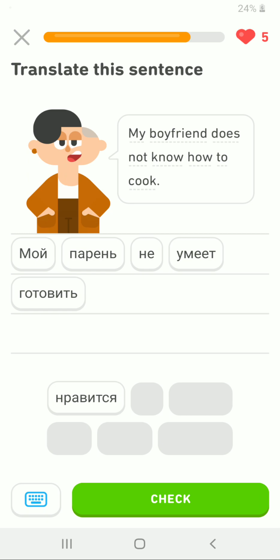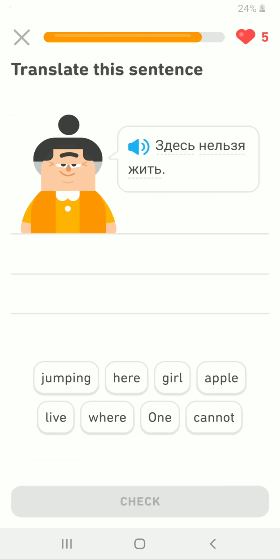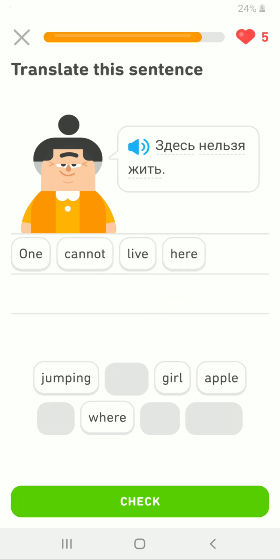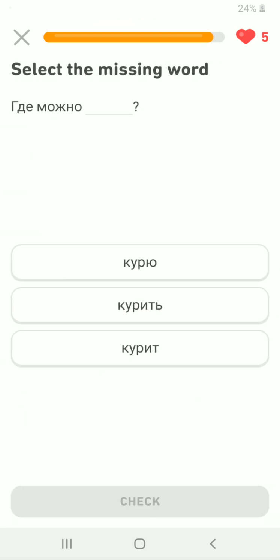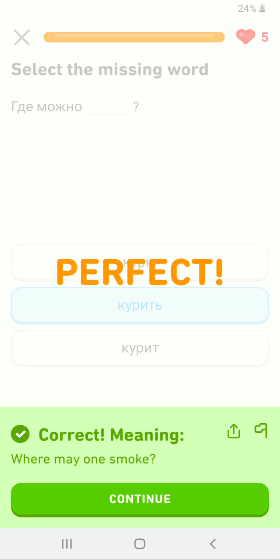Well, if you say я знаю как, I know how. You know how to do this. Здесь нельзя жить. So one cannot live here. What else? Где можно курить? Where can one smoke, let's say.